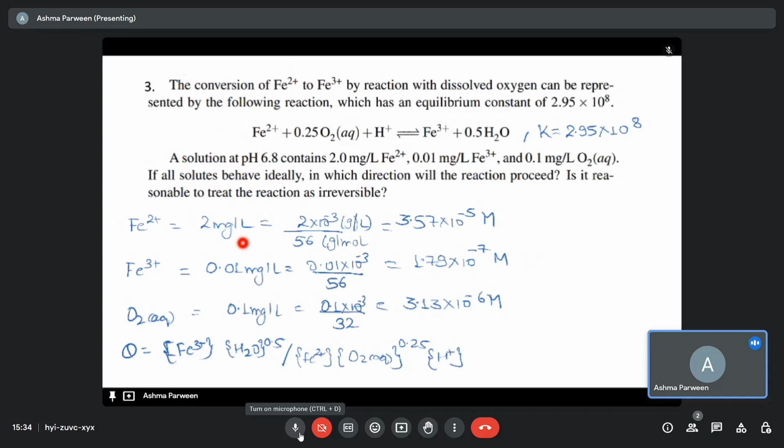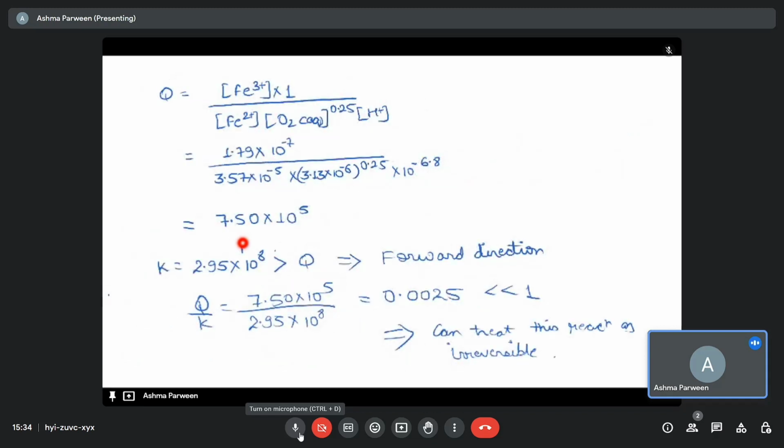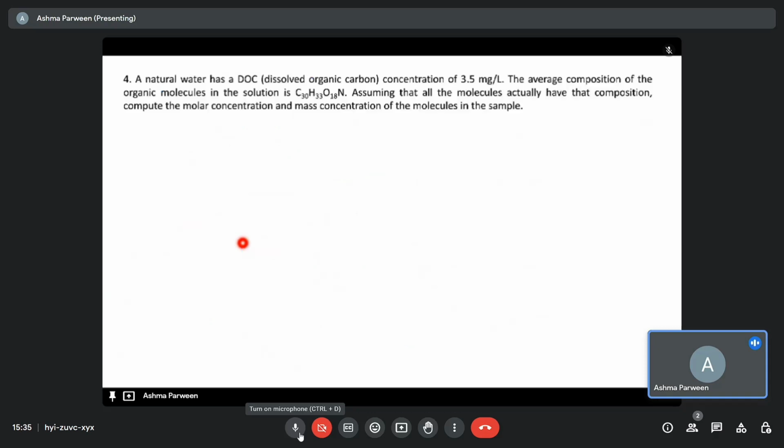Also, the ratio of Q by K tells whether the reaction is very near to equilibrium or far away from equilibrium. Here the ratio of Q by K is much less than 1, so we can treat the reaction as irreversible. So let's move to the next question.